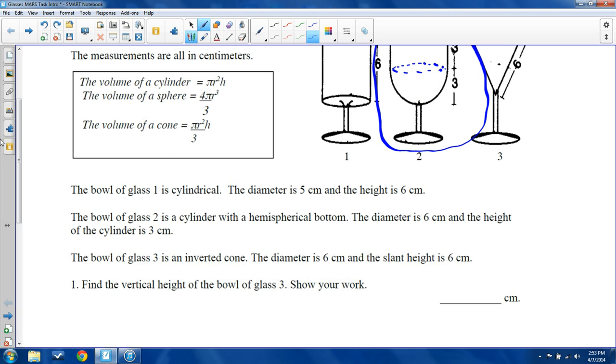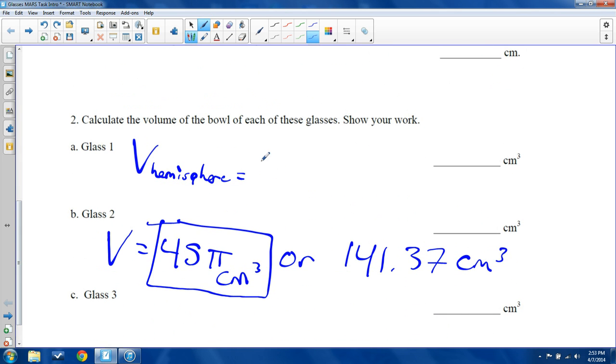The volume of that alone was found by taking half of the volume of what would have been the full sphere, 4/3 pi r cubed, and your r actually was 3. So radius was 3 and cube that.